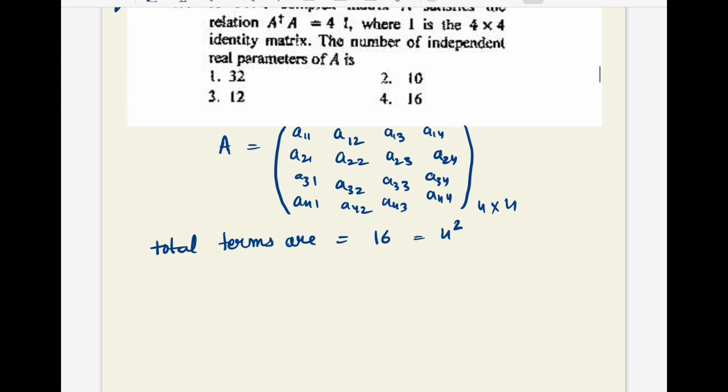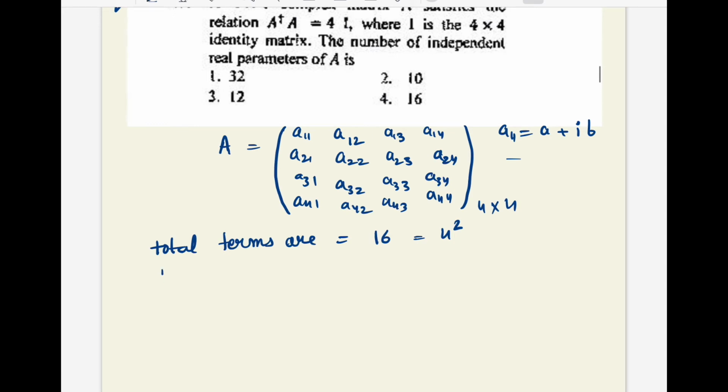Now the real parameters. Since it is a complex matrix, A11 might be of the form a plus ib. It must be of this form since it is a complex matrix. So all terms can be composed of a plus ib.